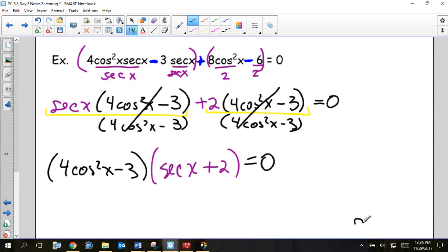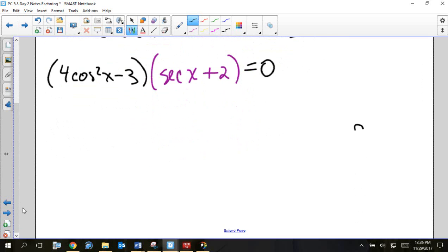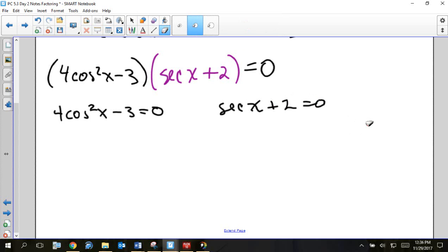Okay. All right, so now we have it factored, so we're going to set each factor equal to 0. So we have 4 cosine squared x minus 3 equals 0. And secant x plus 2 equals 0. I'm going to solve each of these. 4 cosine squared x equals 3.